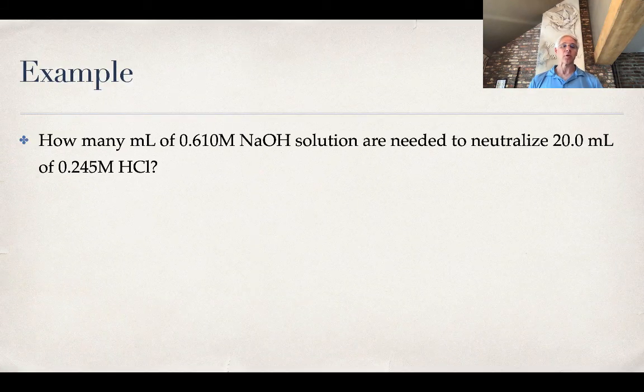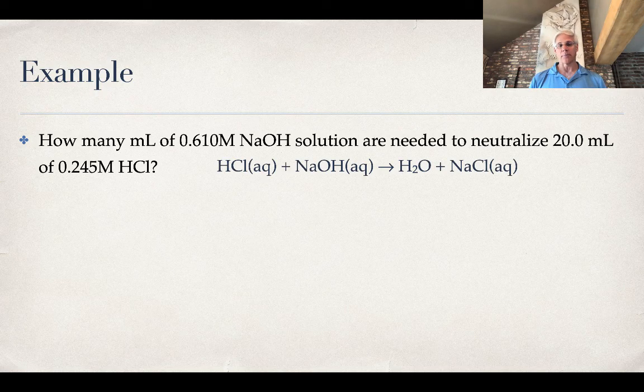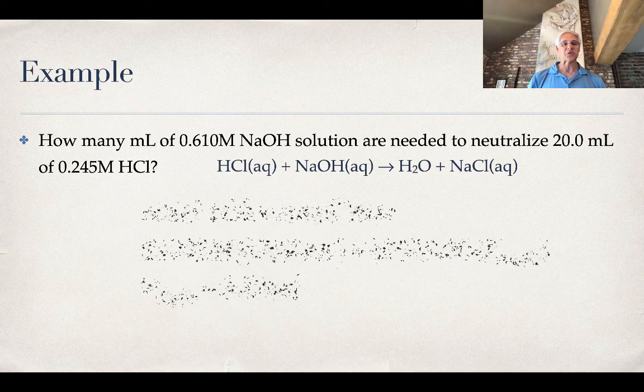And here's an example. If we want to know how many milliliters of 0.61 molar NaOH are needed to neutralize 20 milliliters of 0.25 molar HCl, we have our chemical reaction there, HCl plus NaOH, single arrow going to water and salt.